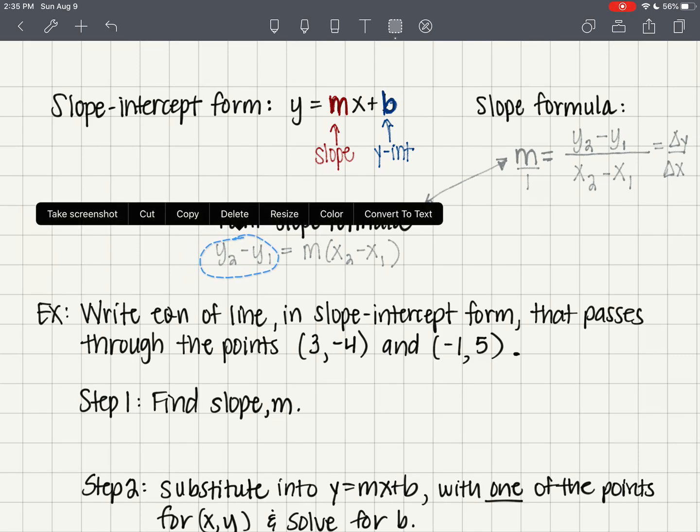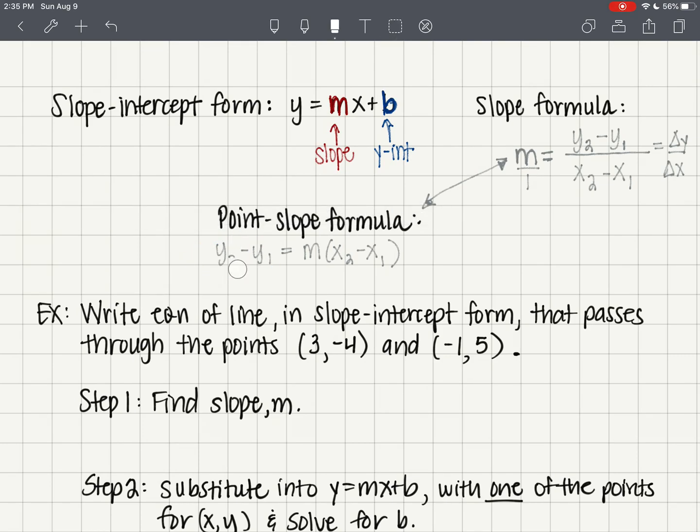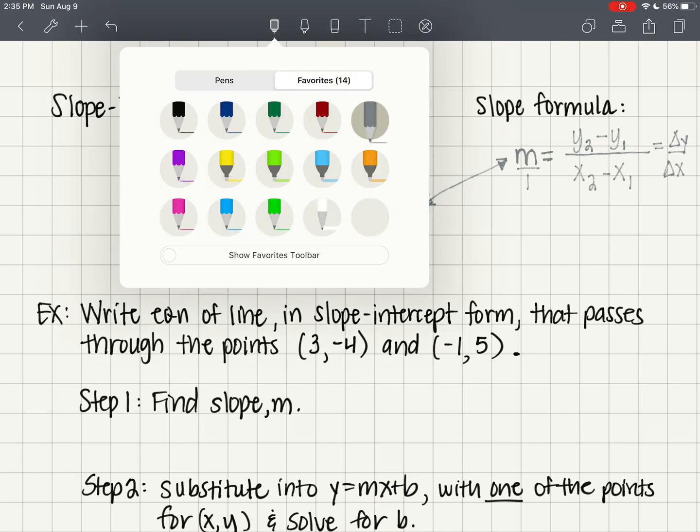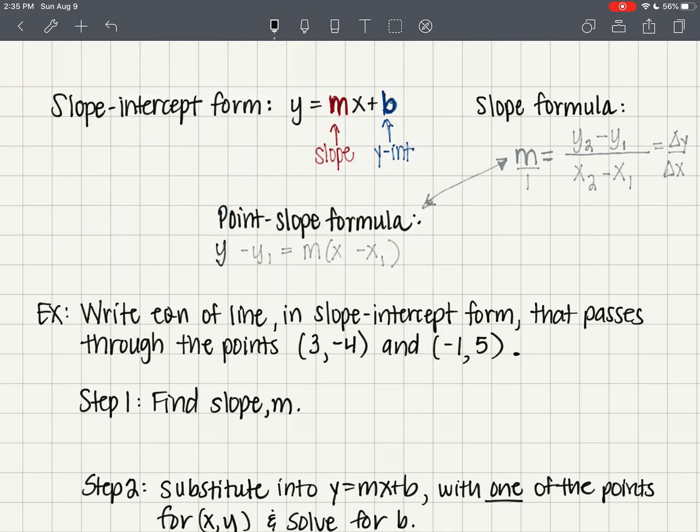The only difference is that those subscripts are removed, because these variables remain. So your y remains and your x remains, just like your y and your x remained in the slope-intercept form and point slope formula. Those will be your only two variables, and the other three values are filled in with numerical values.